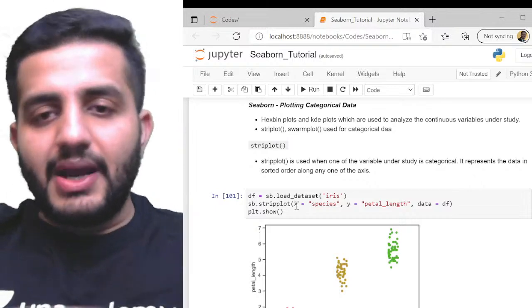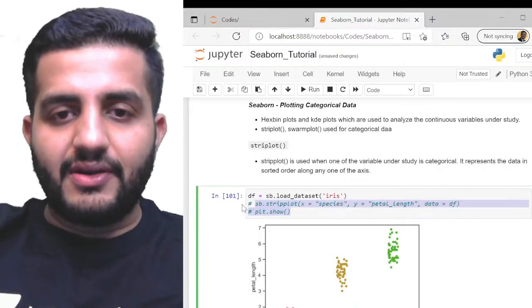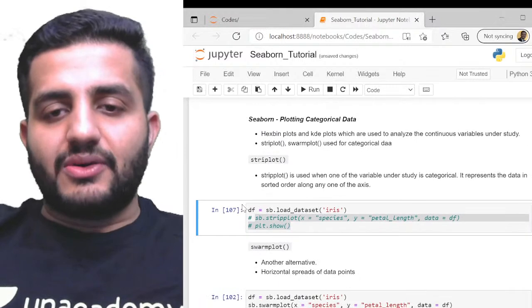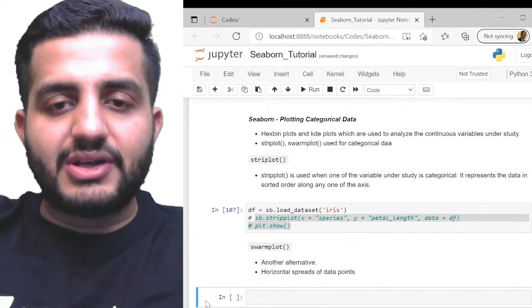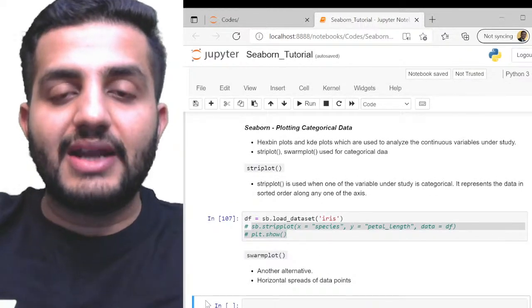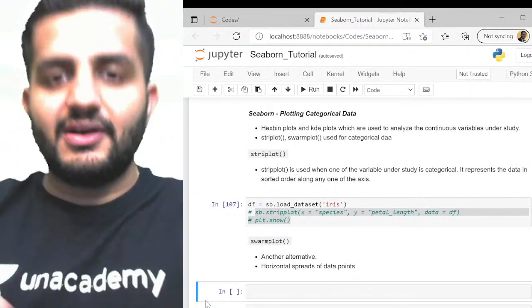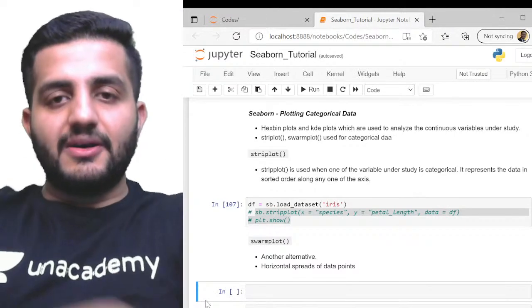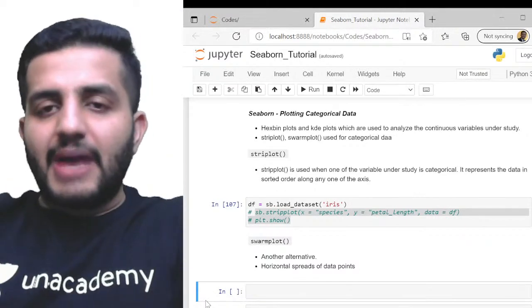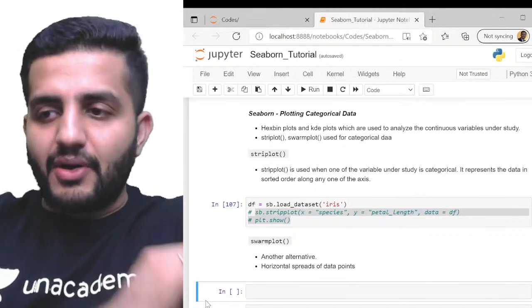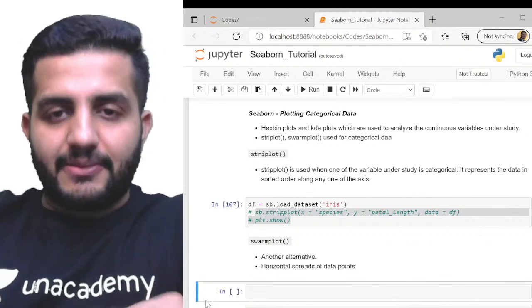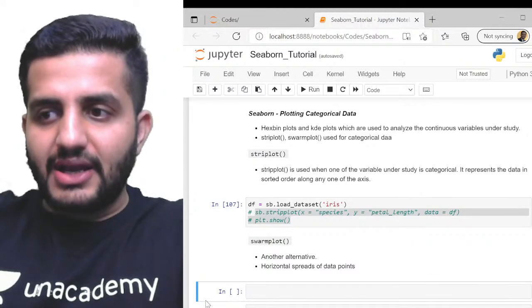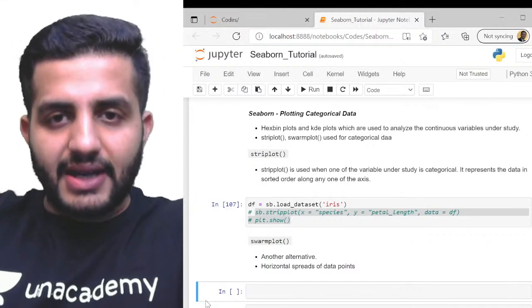Okay, I'm jumping to more of the categorical plots now. You remember the plots we have plotted so far are all on numerical data, right? Even for the hex bin plots, my univariate, my bivariate, all whatever plots we have done so far are all numerical data, correct?